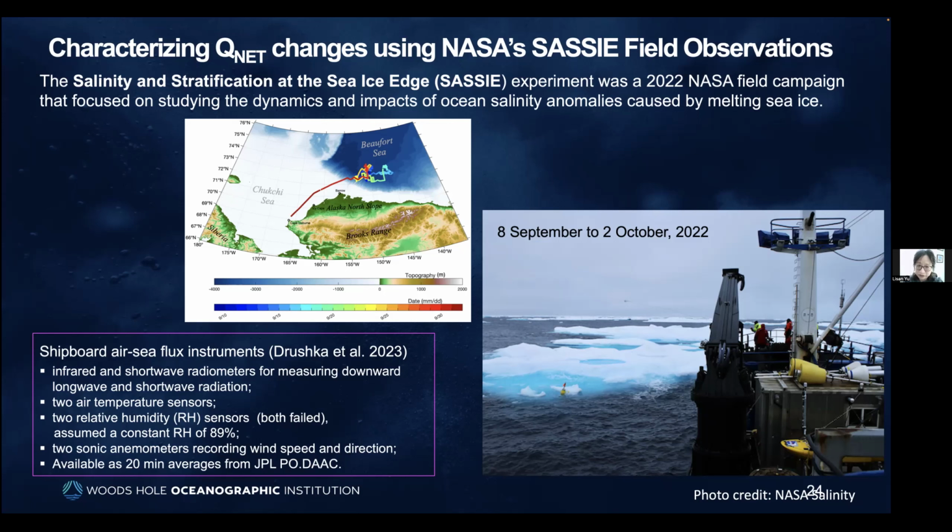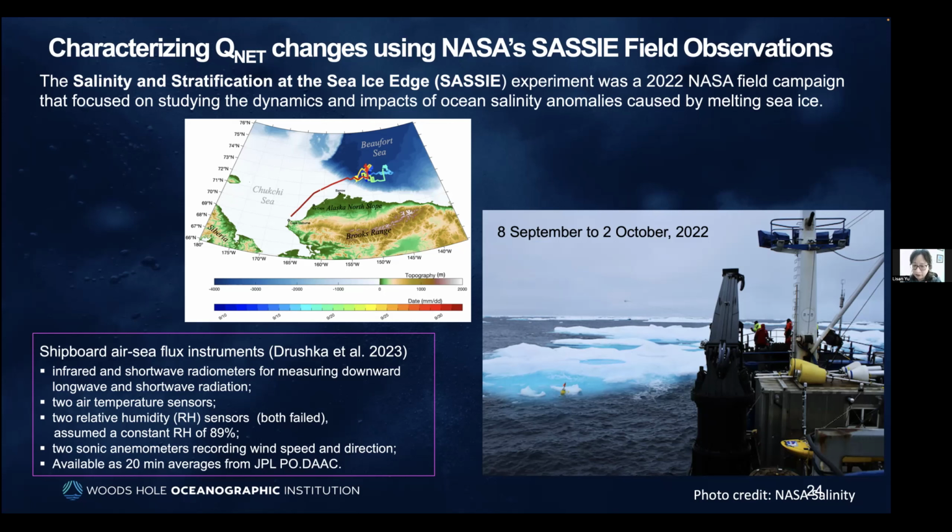Along this cruise, they have flux instruments that include infrared and shortwave radiometers for measuring downward longwave and shortwave radiation. They also have two air temperature sensors and two relative humidity sensors.